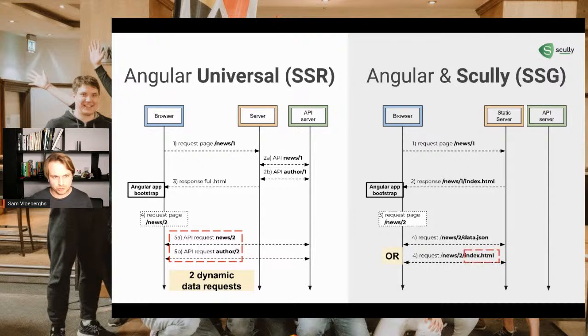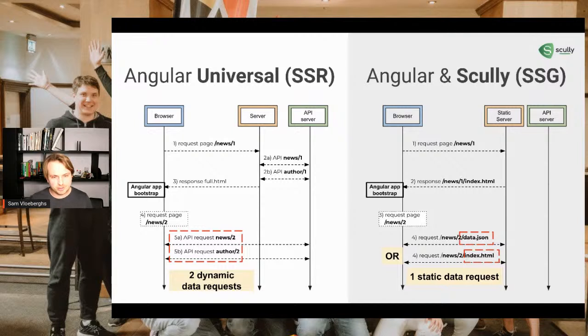So you have 2 options, you use the data.json, or you use the index.html of the other page. In general, this is much faster because your application does not need to query a live API. It can retrieve the data for the next page from a simple JSON file that got generated during the pre-rendering. And that file is also hosted on the static server.